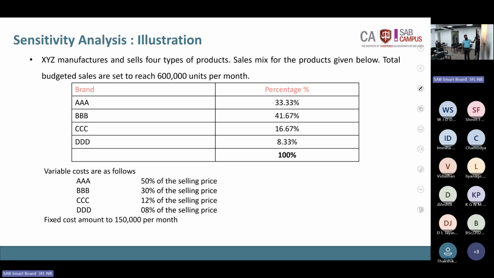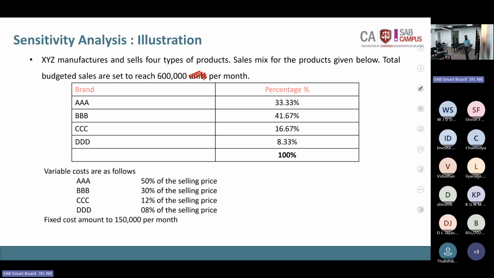And they have divided four products and the percentages of the sales mix. In sales mix, again, about 600,000 in a total sales value, we have to divide among these percentages.